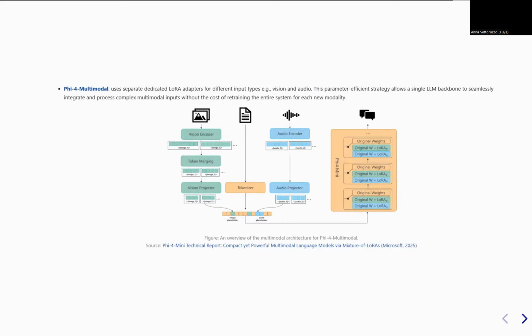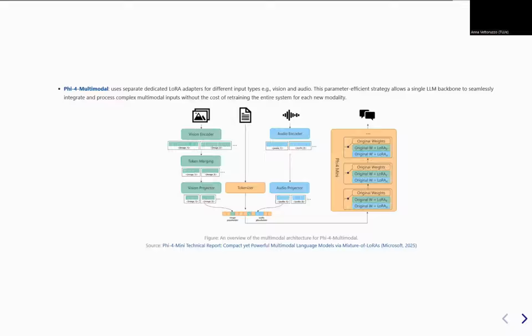And finally, I also wanted to show you how LoRA can be integrated to extend the LLM capabilities to handle multiple modalities. In particular, there is this Phi-4 multimodal paper that was released at the end of 2025, where the authors proposed to use a mixture of LoRAs, meaning that different LoRAs have been added to the original weights of the LLM to handle different modalities, such as images, text, but also audio.